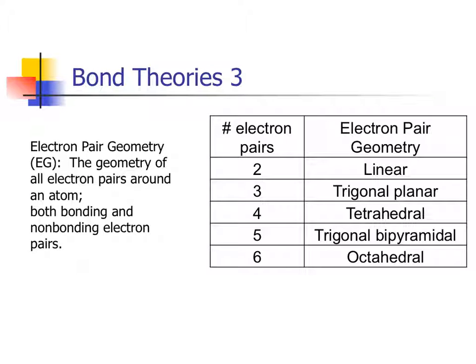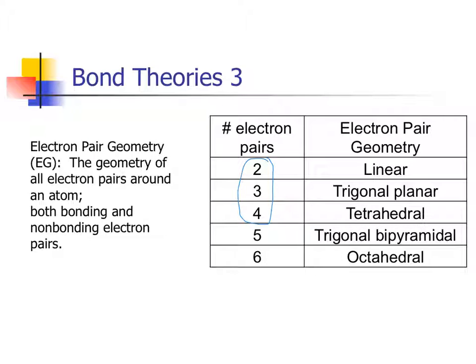So, electron pair geometry is something where, again, we take into account all of the electrons. These are the ones that we talk about on the back of our periodic table. It's not that we don't want to deal with the trigonal bipyramidal or the octahedral, but those are ones that have expanded beyond their 8, because 2 times 5 would be 10, and 2 times 6 would be 12.